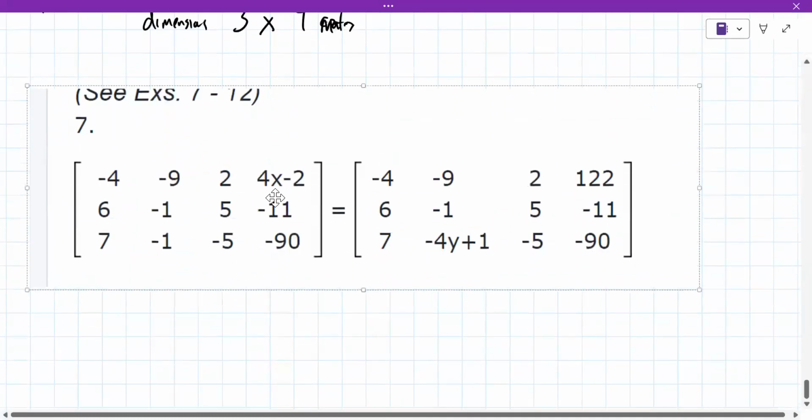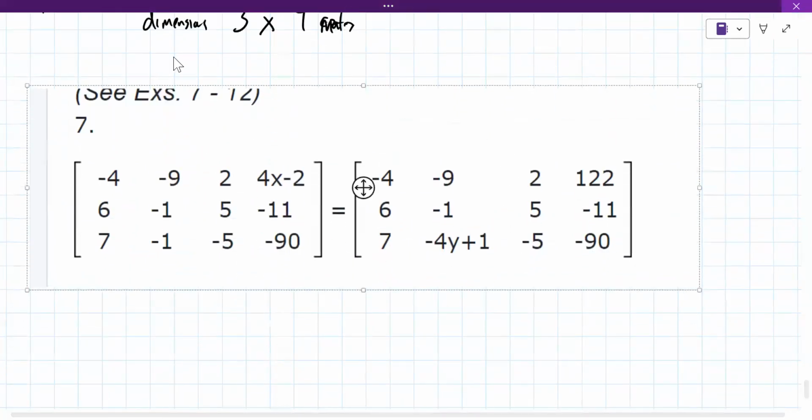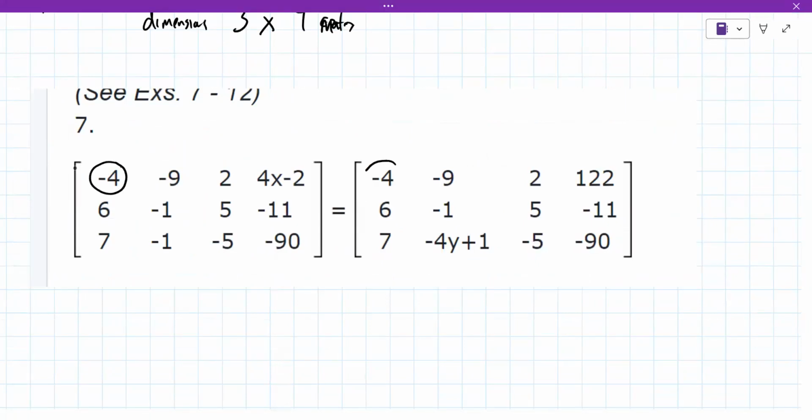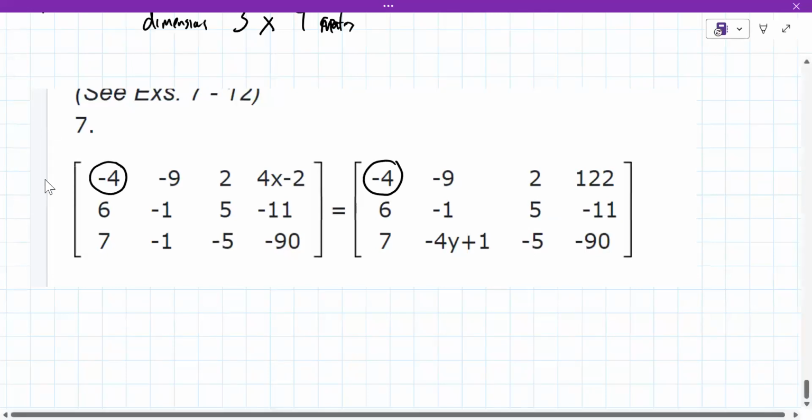I know this looks really complicated, but do you notice, and I'm going to do this in the black pen here, that the ones I circled are the same? -4 and -4 are the same.